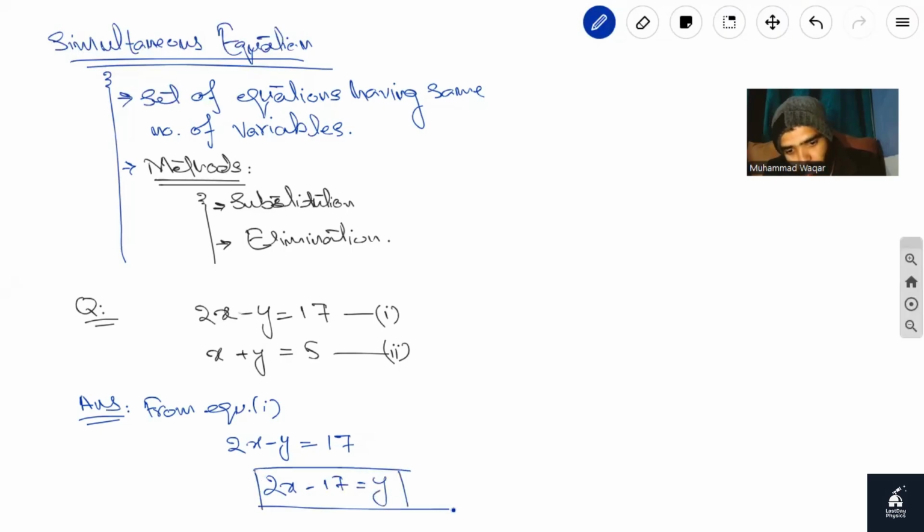Now this value of y we can use in the second equation. And you'll notice that the second equation will then be an equation involving one variable only. So use this in 2.